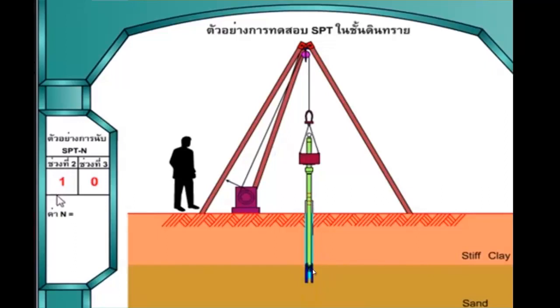Why? Because this is just after the boring. After boring, the soil is highly disturbed, right? So that's why they drive this first 6 inches, and they are not considering any value. But the second and third layers they will consider. So for the next layer, they already hammered once, so you can see in the second step the number of N is 1.